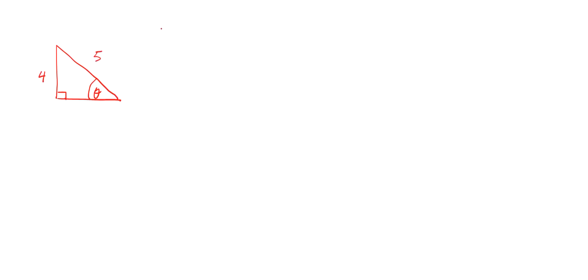And we want to find the angle theta. Alright, so we have a right angle triangle. We are being asked to find an angle. So we're not going to use Pythagoras' theorem here.